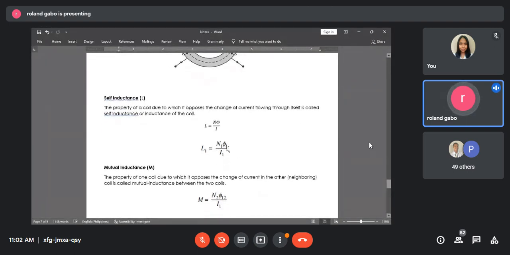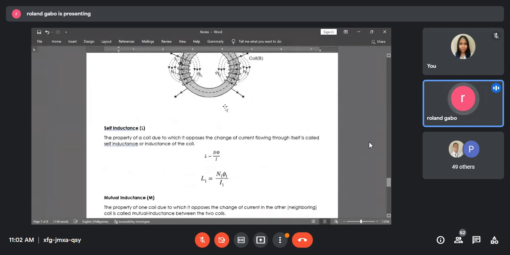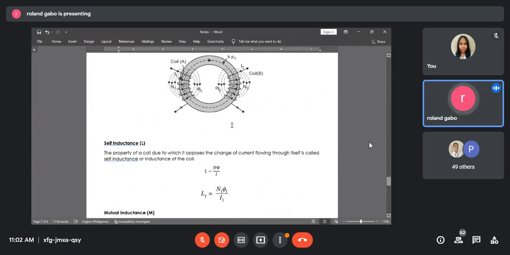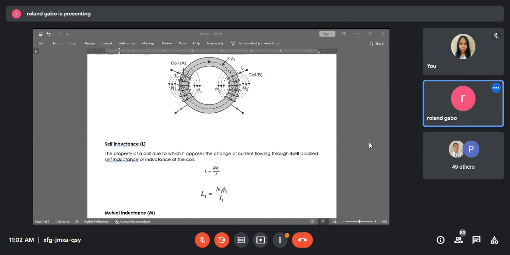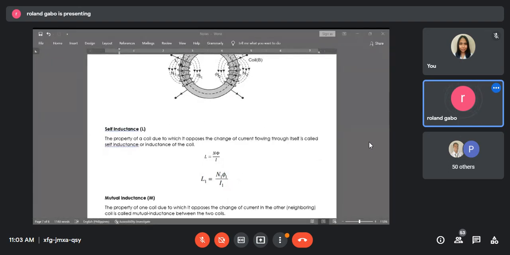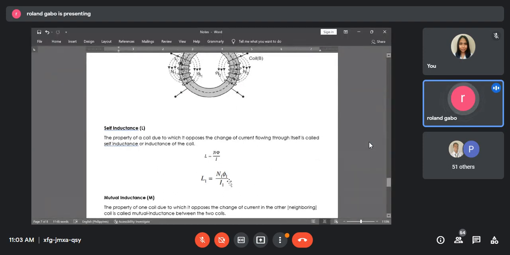And then let us say for coil number 1 in the figure above, so L1 or inductance of coil number 1 or coil A is equals to N1, so number of turns sa first coil, multiply it with your flux nga na-create sa coil A, which is coil number 1, divided by the current nga na-create or current nga you consume or gi-supply sa circuit.